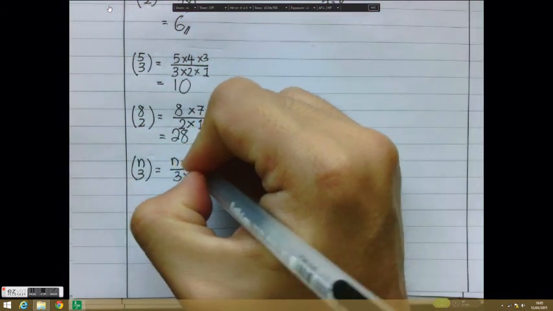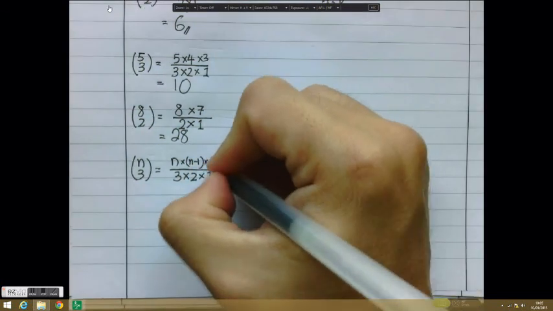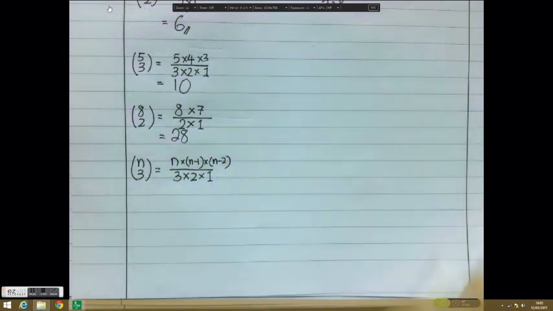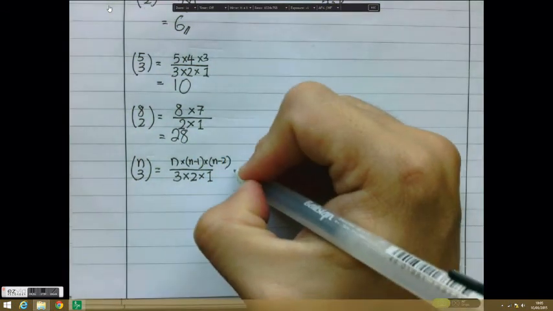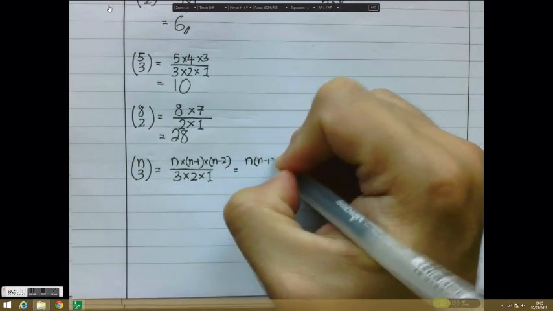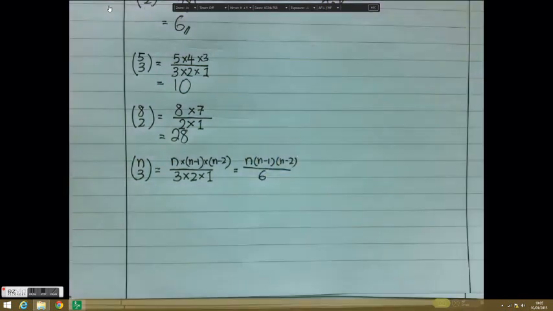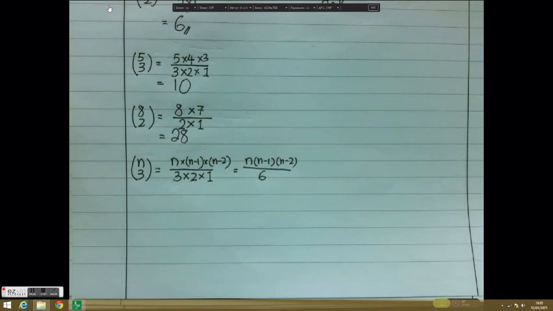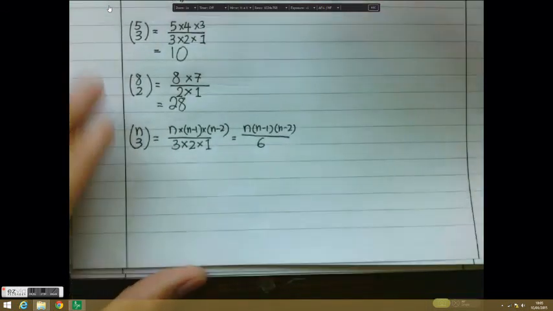So if the first one is n, the second one will be n minus 1, and the third one will be n minus 2, and then I stop. So what I will get is n times n minus 1 times n minus 2, over 6. This is what it looks like when it involves algebra.